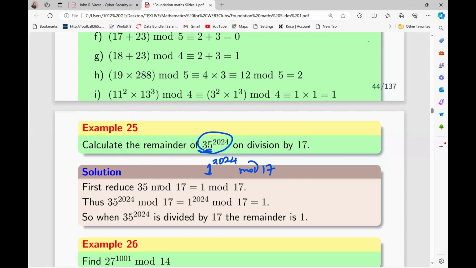We've seen that in example I. And of course, we know that 1 raised to any number would be 1. So that is the remainder.